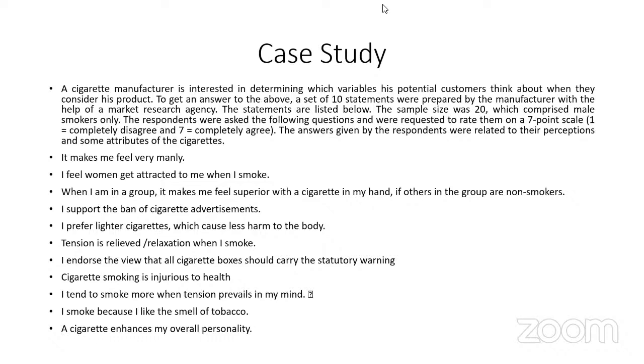To answer this, a set of 10 statements was prepared by the manufacturer with the help of a market research agency. The statements are here and the opinion was taken on a 7-point scale, 1 completely disagree and 7 completely agree. The answers given by the respondents are already there in your Excel sheet.